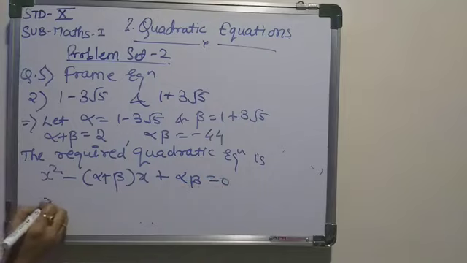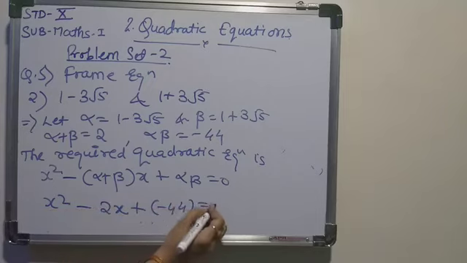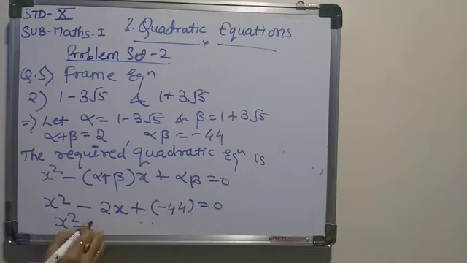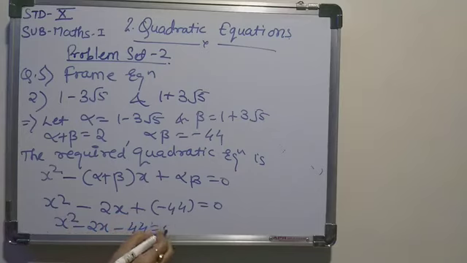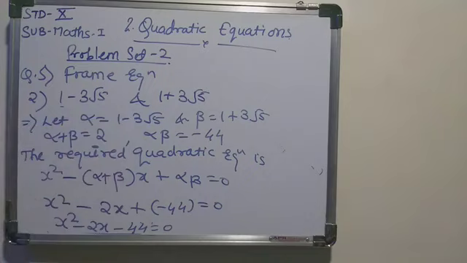Substitute the value, so you will get x square minus 2x plus minus 44 is equal to 0. So your final equation is x square minus 2x minus 44 equals 0. So this is how you are going to frame the quadratic equation by using the given roots alpha and beta.